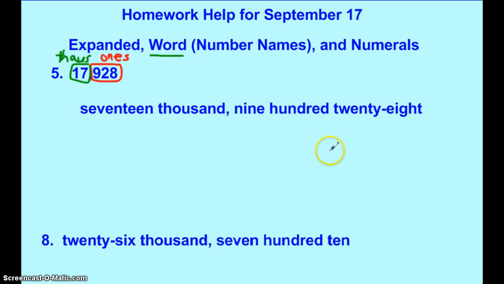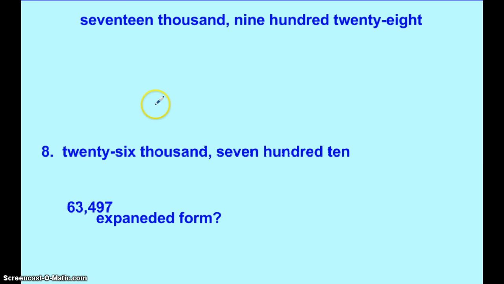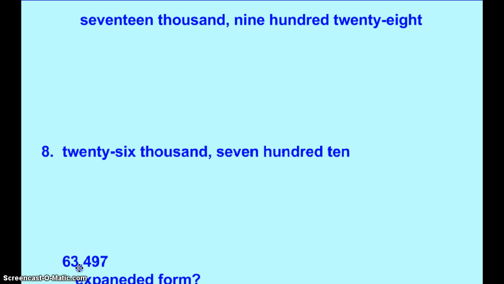Let's take a look at if we have to do the numeral form. If they have it written in word form for us and they ask us to write the numeral for it, such as in number 8, we want to write the number for this. Again, we want to look at the sections we have.